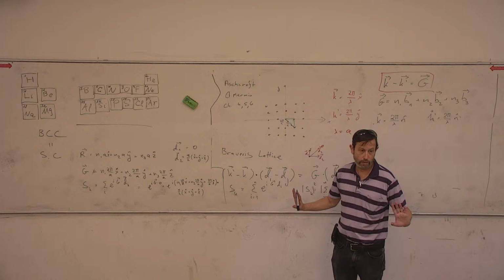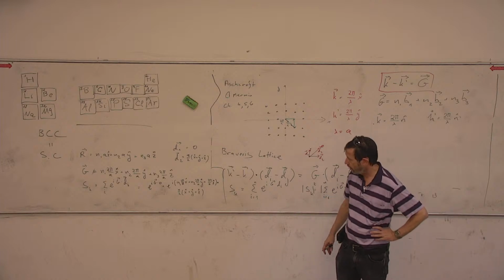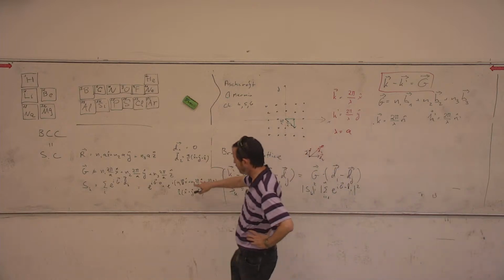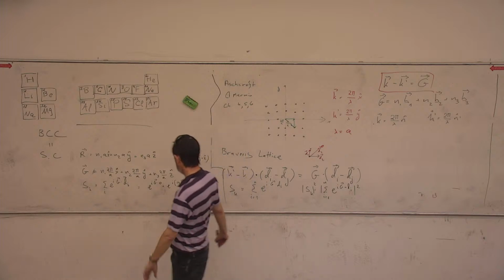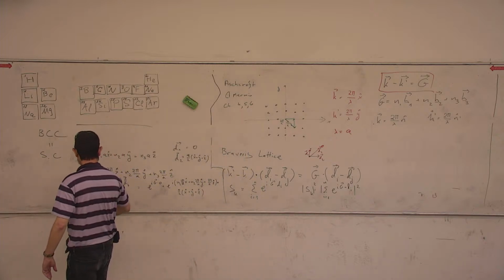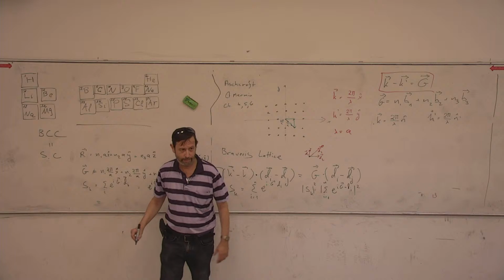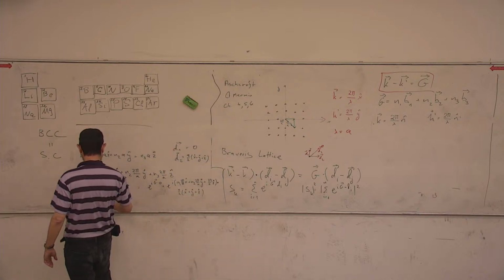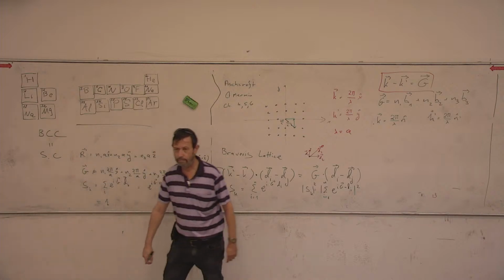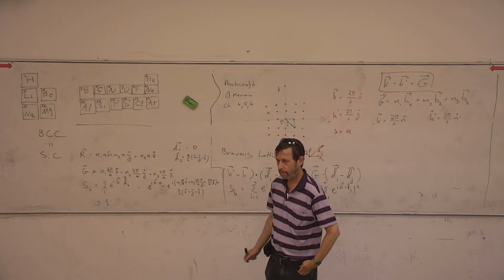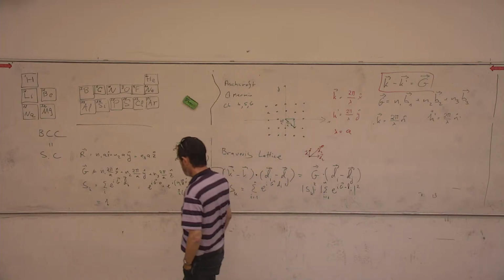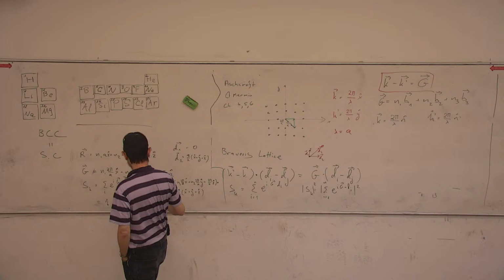Okay, I just wrote it down. Why did I write it down? To remind ourselves that we have to do vector multiplication here. Okay, so what is the first term? Okay. What is the second term?